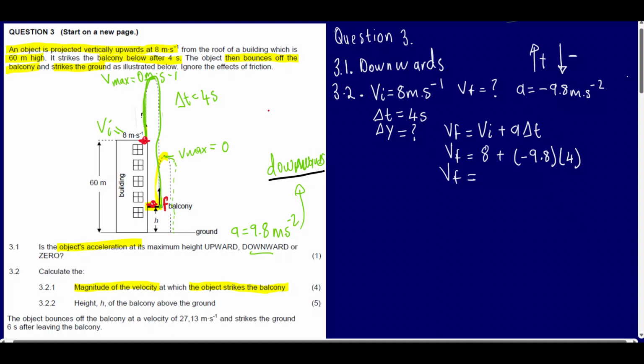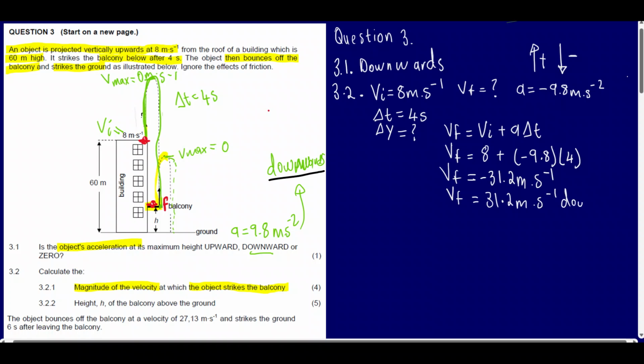The final velocity is going to be negative 31.2 meters per second. This is negative because we took the downward direction as negative, or we took the upward direction as positive, basically.